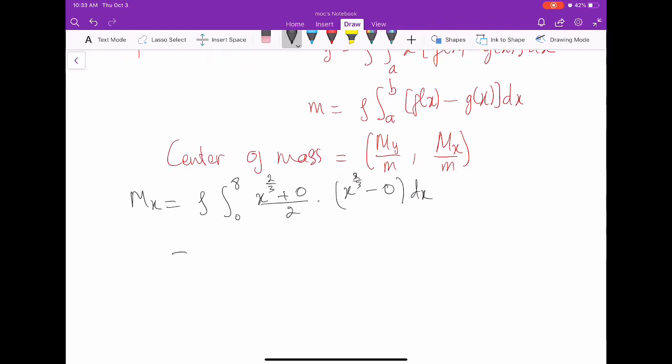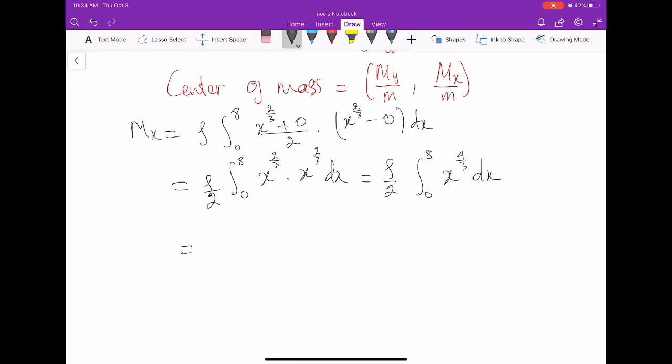So this is equal to rho integral from 0 to 8, 1/2, so I bring 1/2 out, so I have rho over 2, x to 2/3 times x to 2/3 dx, so that is rho over 2 integral from 0 to 8, and then x to 4/3 dx, right?